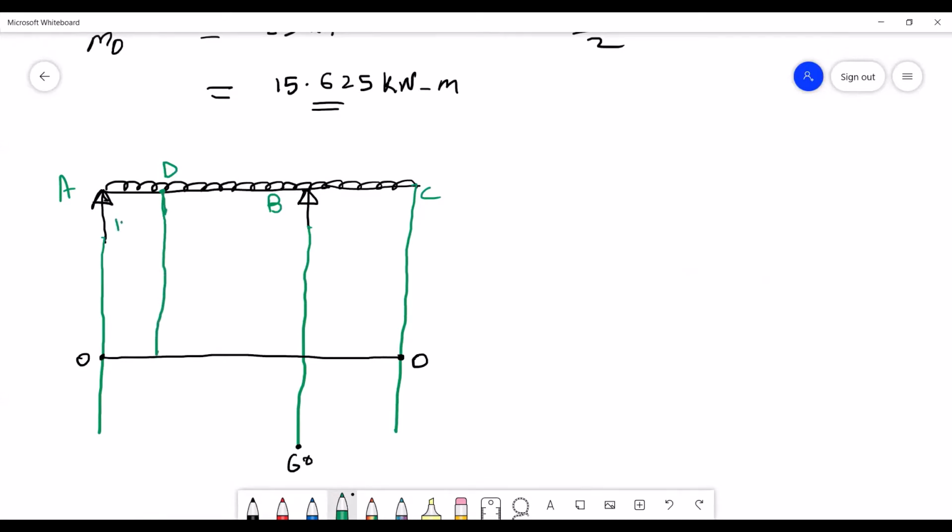This is a distance of 1.25 meter. And at the point D, we have a bending moment of 15 point something. So this will come this way.